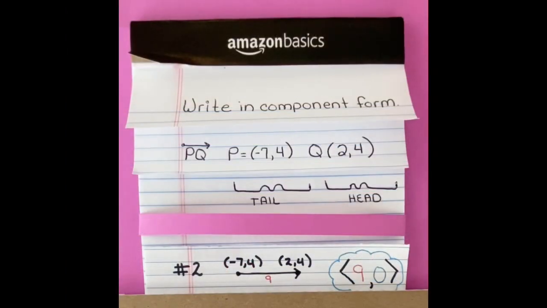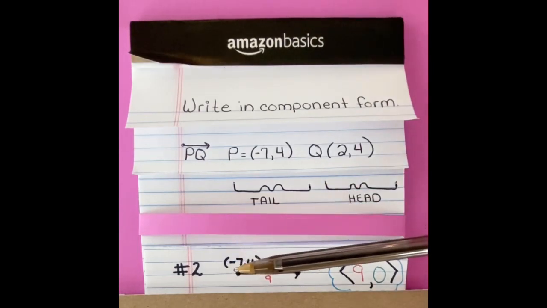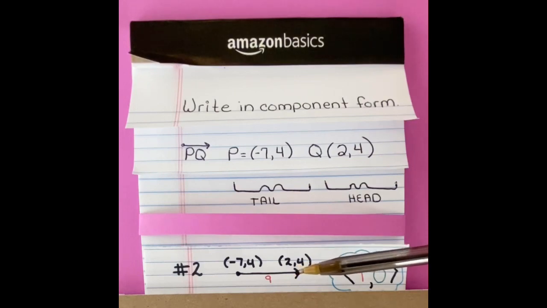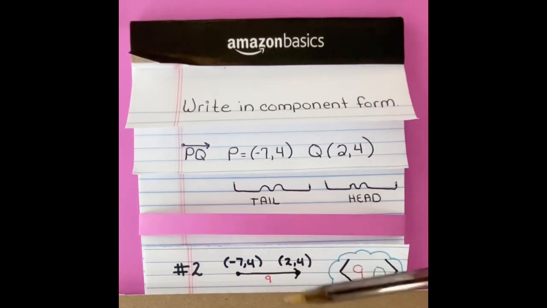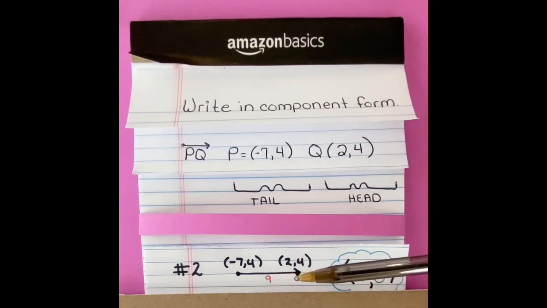To write vector PQ in component form, I plotted the tail, P, and the head, Q. To move from P to Q, I needed to go right 9 and up 0. So in component form, the vector is <9, 0>.